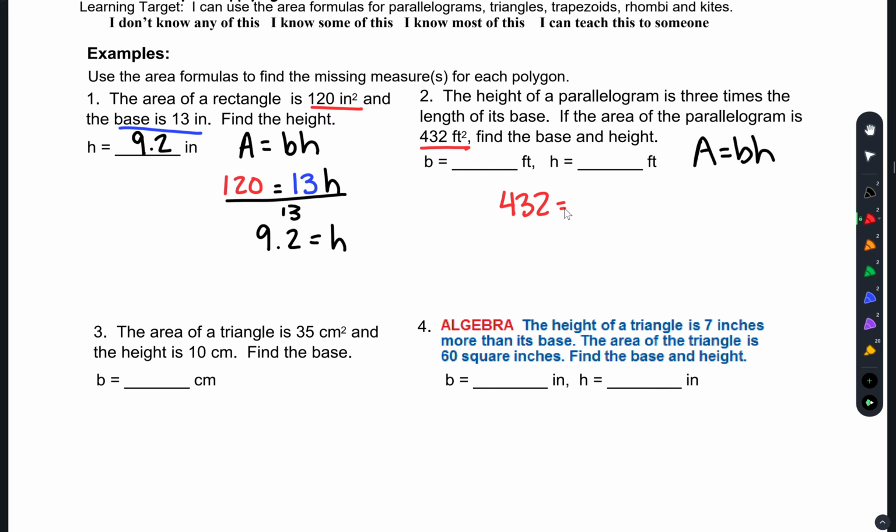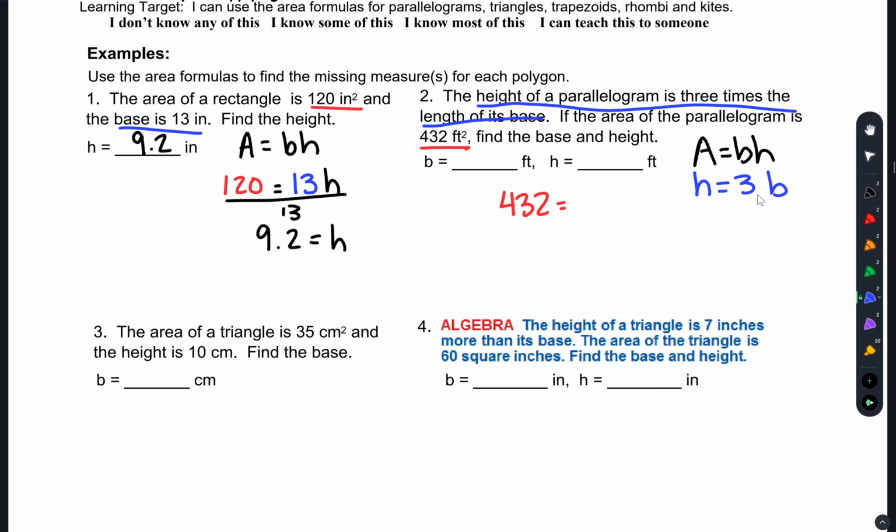But I don't know the base or the height. So I'm going to have to start with what I know. The height of a parallelogram is 3 times the length of its base. You should literally be writing out that the height equals 3 times b. Or just let's write it as 3b.